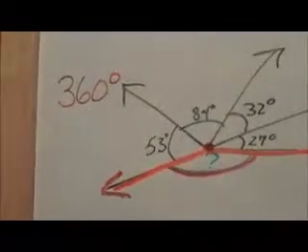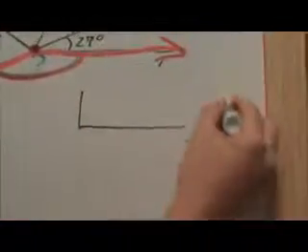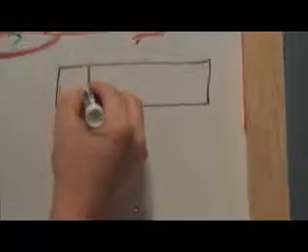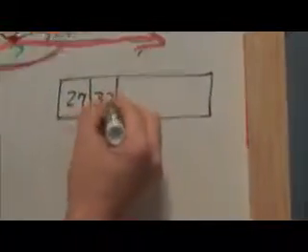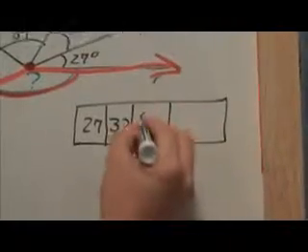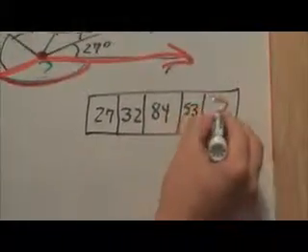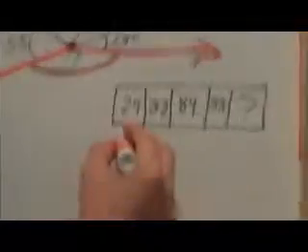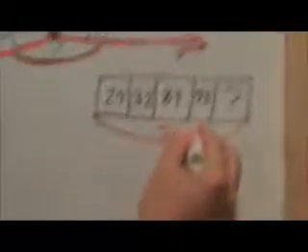You can think of this as a bar model, once again. I can think of this as 27, 32, 84, 53, and something. Understanding that the whole is going to equal 360 degrees.